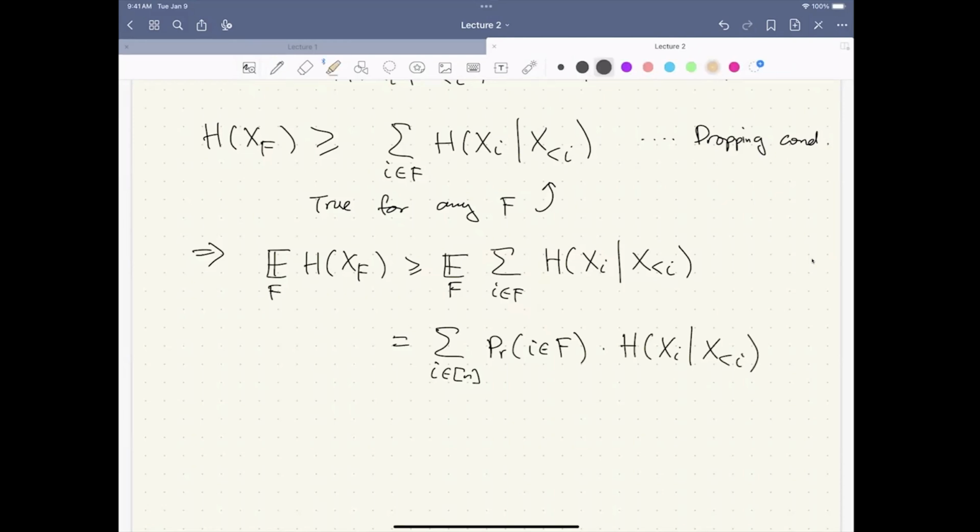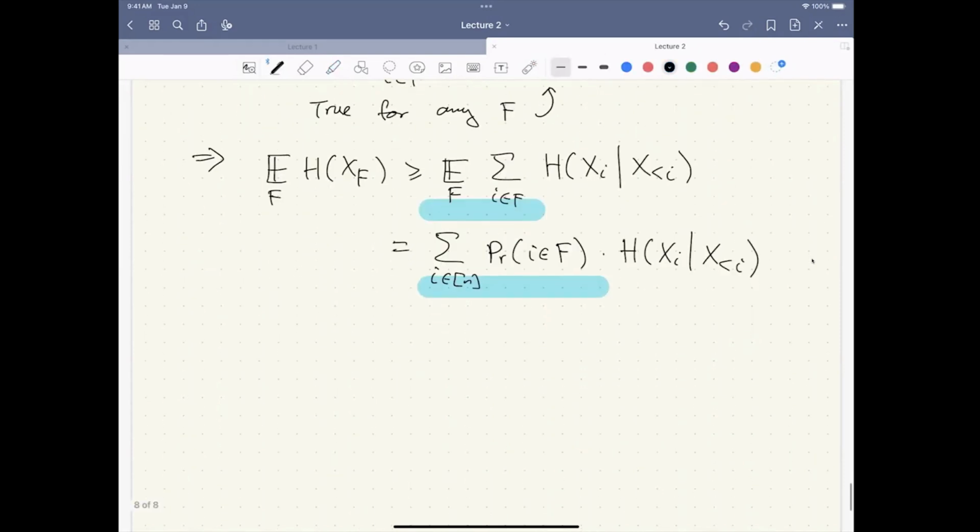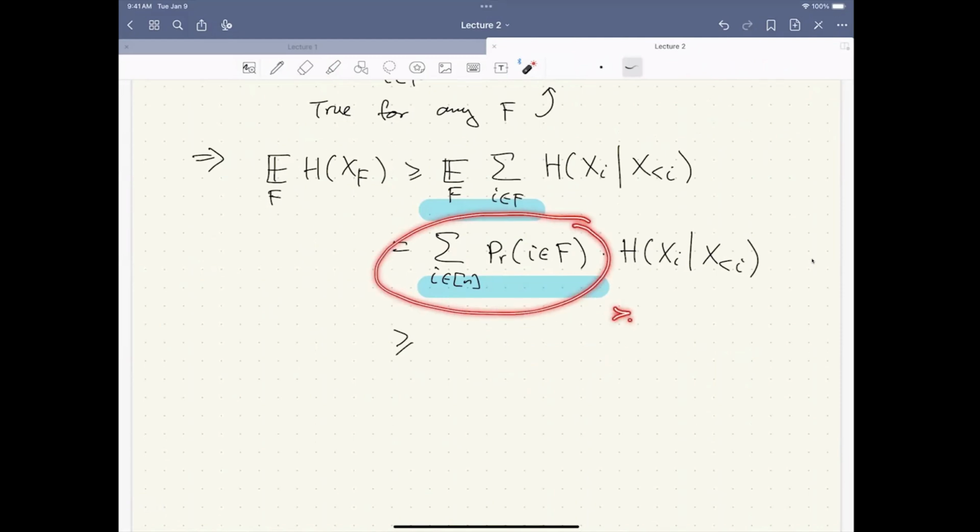Let me highlight this guy, is the same as this guy, which is at least, by our assumption, every element is covered in terms of probability at least mu for all such i.